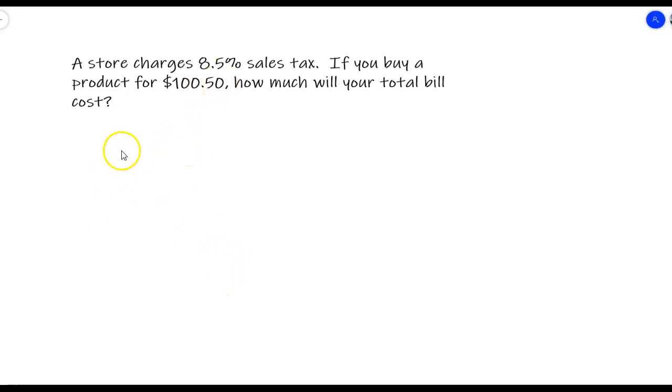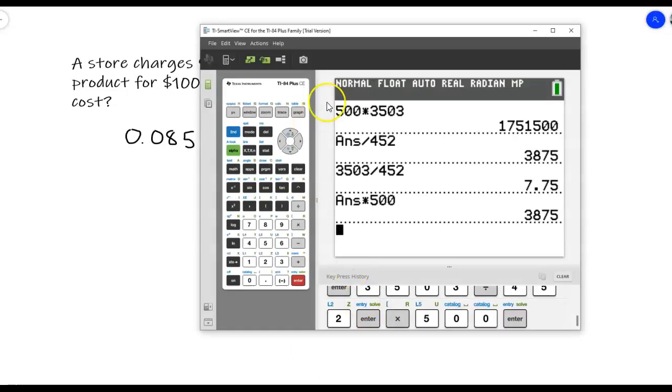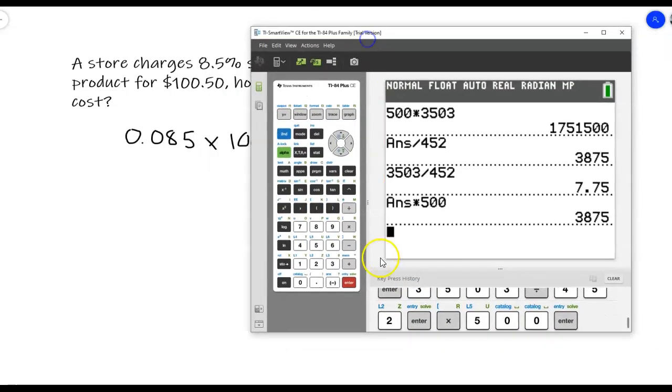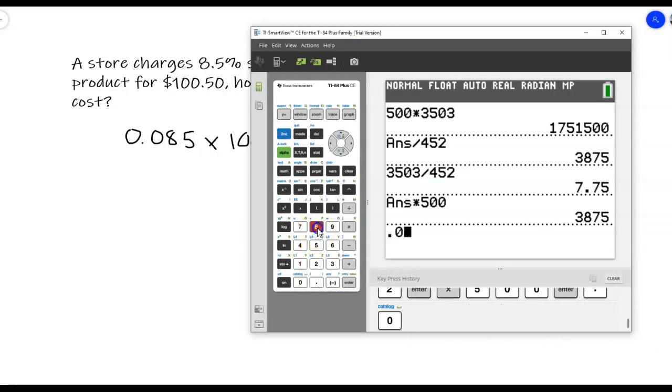So I'm going to put that 8.5% in decimal form. So 0.085. Just move the decimal place two to the left. And we're going to multiply that by the $100.50 to see how much tax we're going to be charged on this purchase here. So pulling up the calculator, that was 0.085 times 100.5.